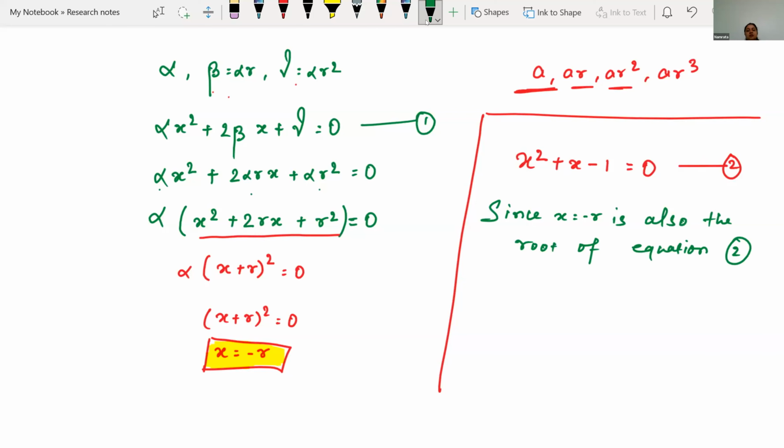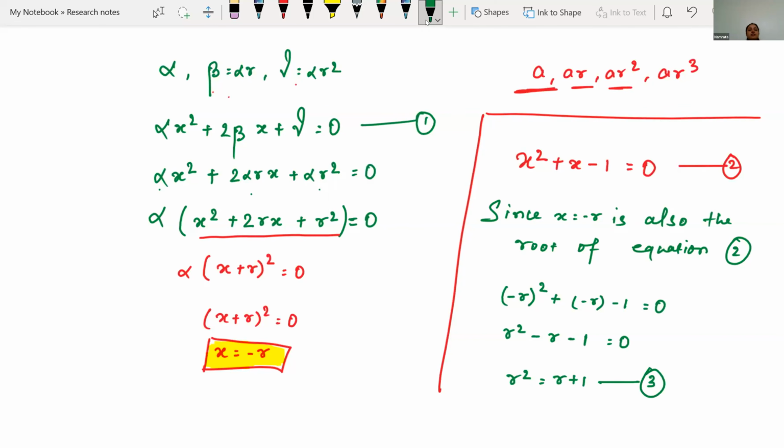So let's substitute it: minus r whole square plus minus r minus 1 is equal to 0. We will have r square, negative r, and again minus 1 is equal to 0. We can say r square is equal to r plus 1. This is, let's say, equation number 3, one condition we have got.